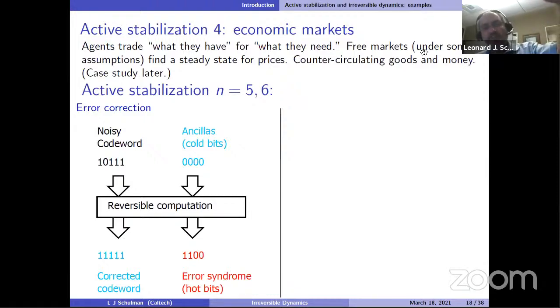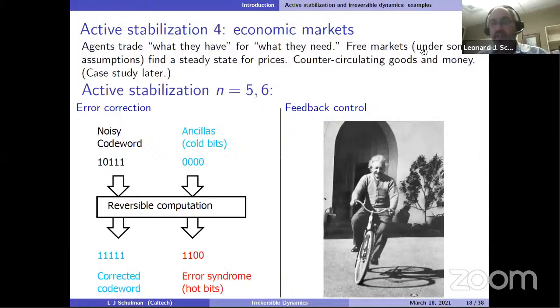This process, fault-tolerant computing, is absolutely essential, certainly to getting quantum computers off the ground. And it is definitely not in the regime of reversible stabilization of systems. We're trying to stabilize the code word at or very close to a code word, and we run these general algorithms.